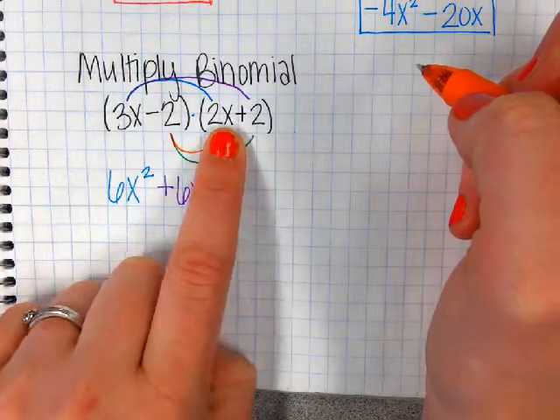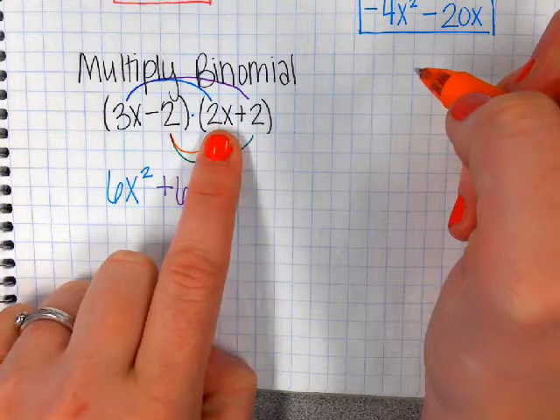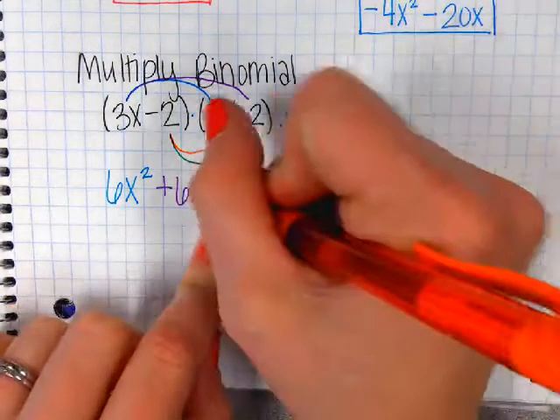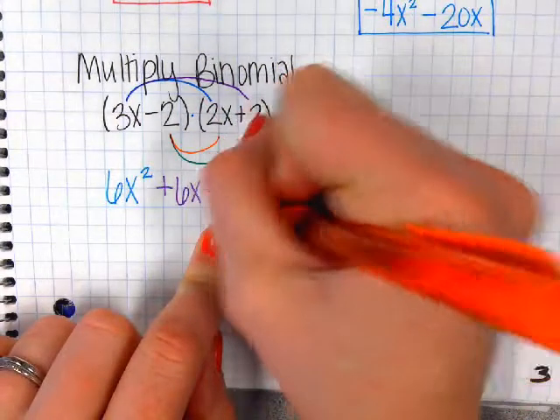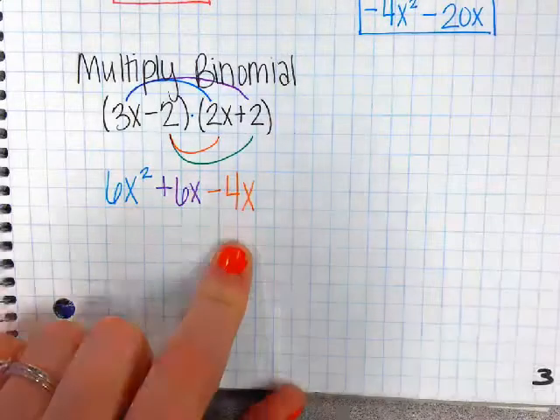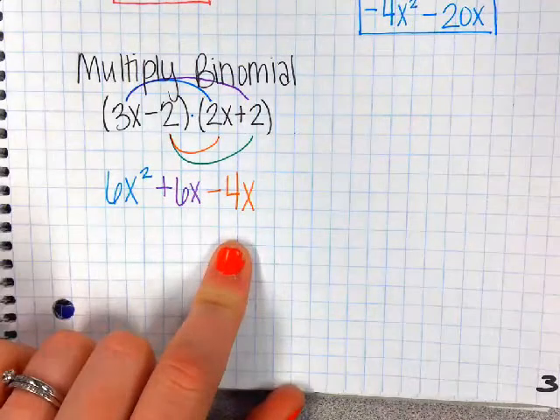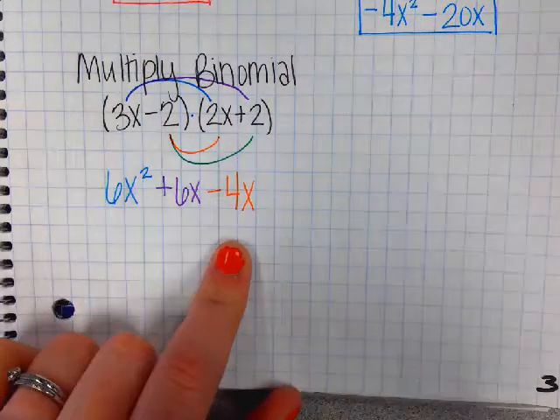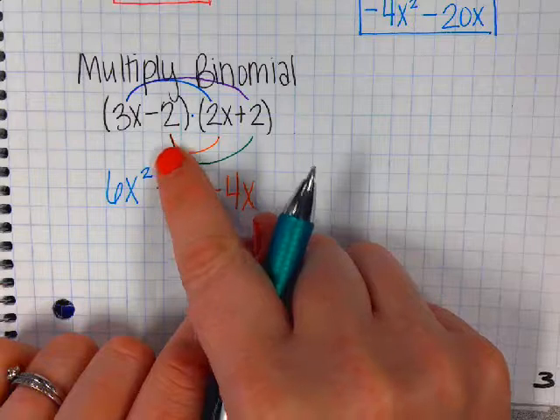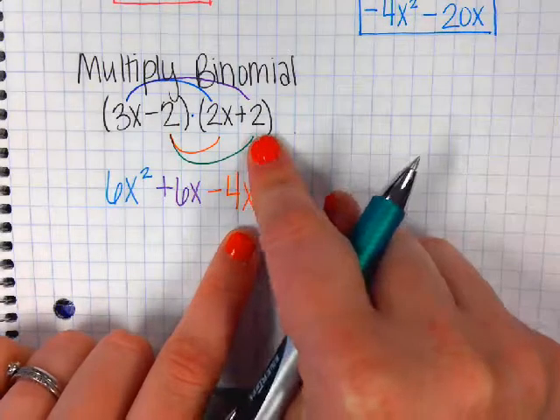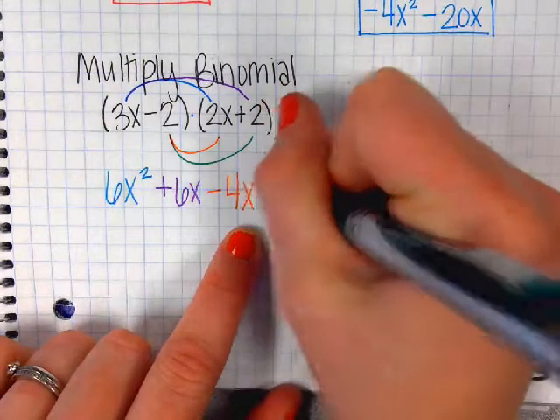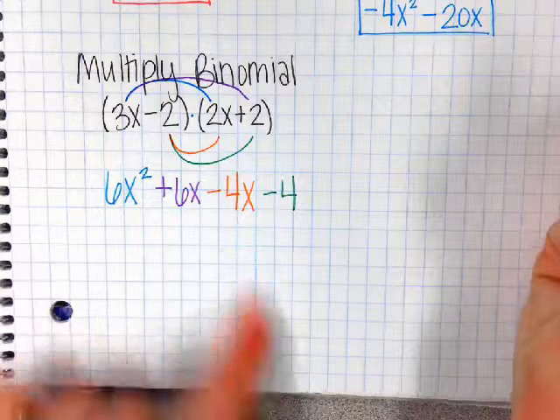Then you have negative 2 times 2x. What's a negative 2 times a positive 2? Negative 4, and then times x. And then the last one, what's a negative 2 times a positive 2? Negative 4.